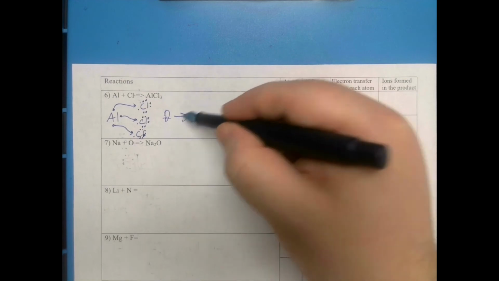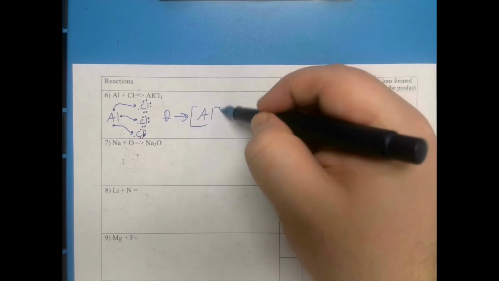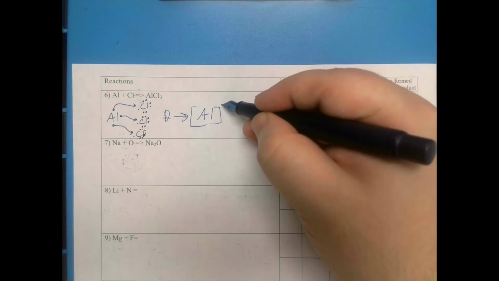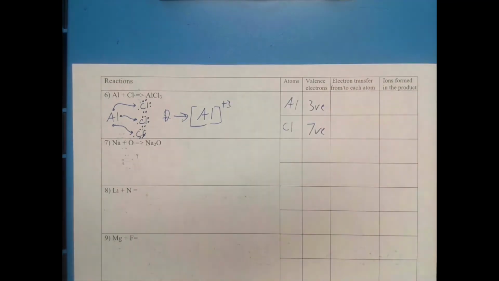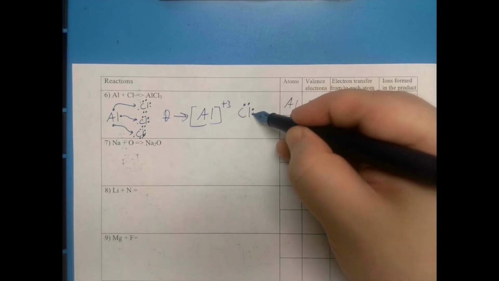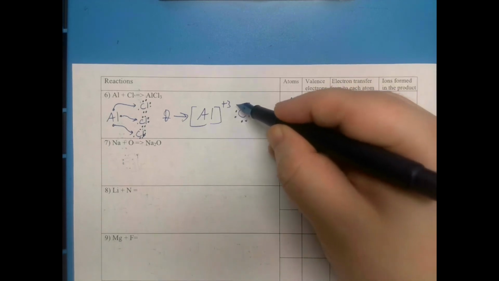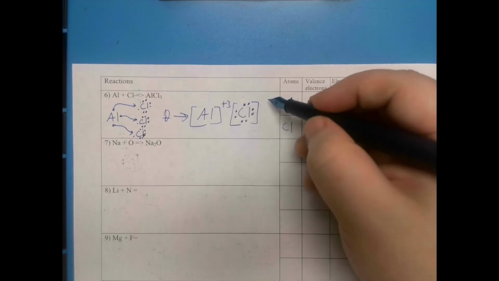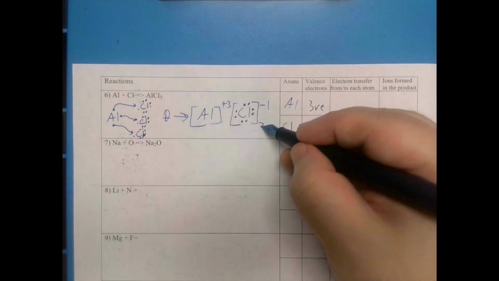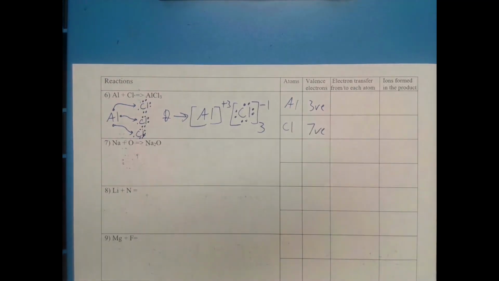So when aluminum has no more electrons surrounding it on its valence, it gets a plus 3 charge. Chlorine, when it gets all 8 around it, it's a what charge? -1, and there are 3 chlorine.